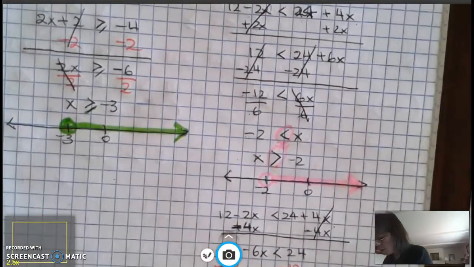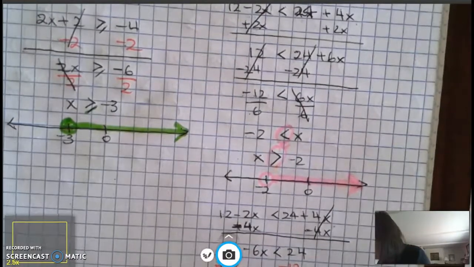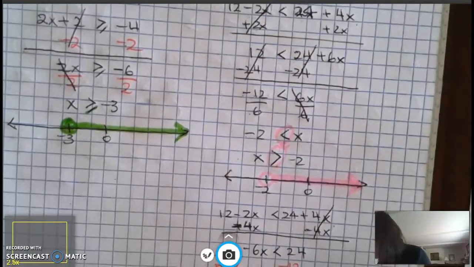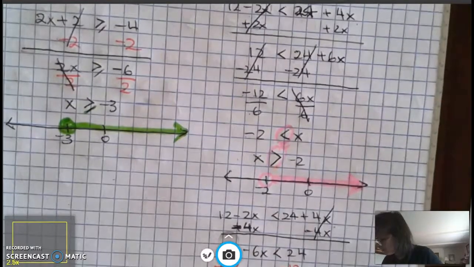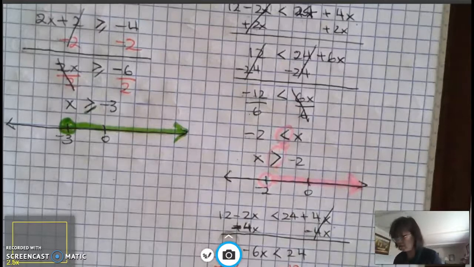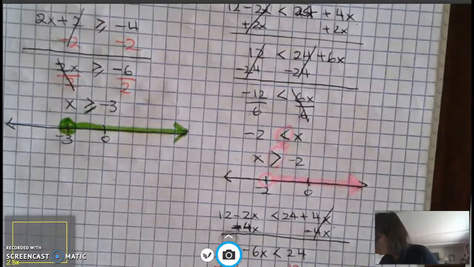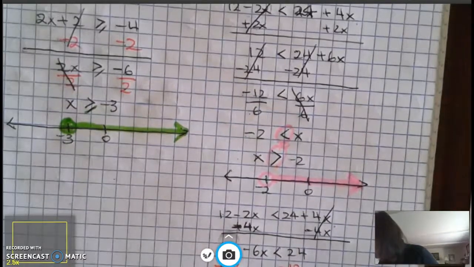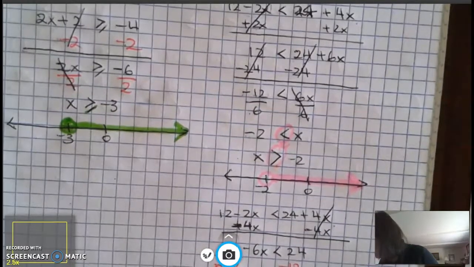But this time I need to divide both sides by negative 6. So let me just rewrite that as it is. Then I am dividing both sides by negative 6. Now remember, if I am dividing both sides by a negative number, I need to flip the inequality sign. So it is no longer opening to the right. Now it is opening to the left. So then that goes away, and x is 12 divided by 6 is 2.